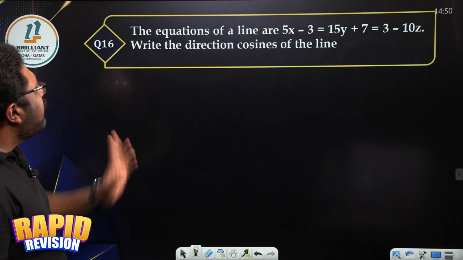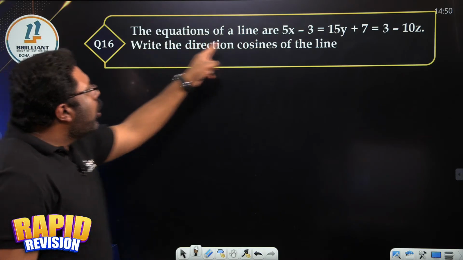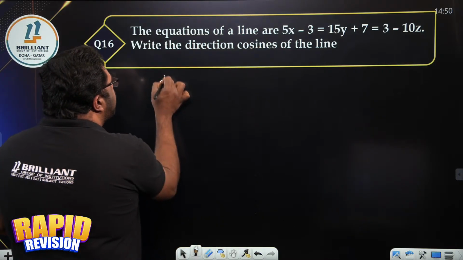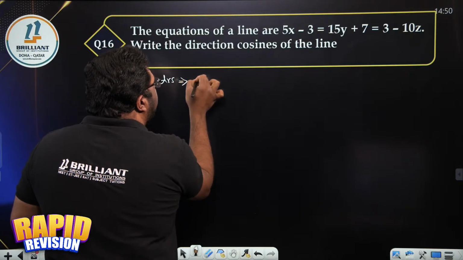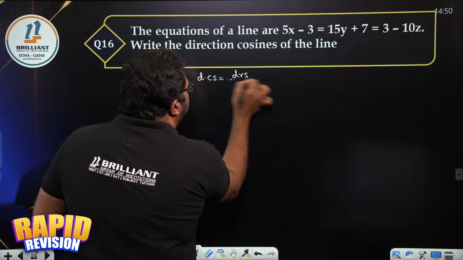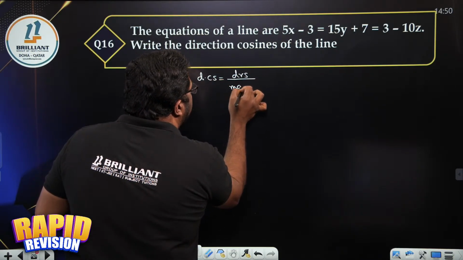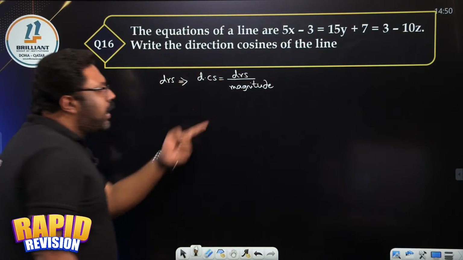The equation of a line, again, I'm not going to explain this. You know how to find the direction ratios, and then how to find the direction cosines. Direction cosines are the direction ratios divided by the magnitude. I believe everybody knows this.